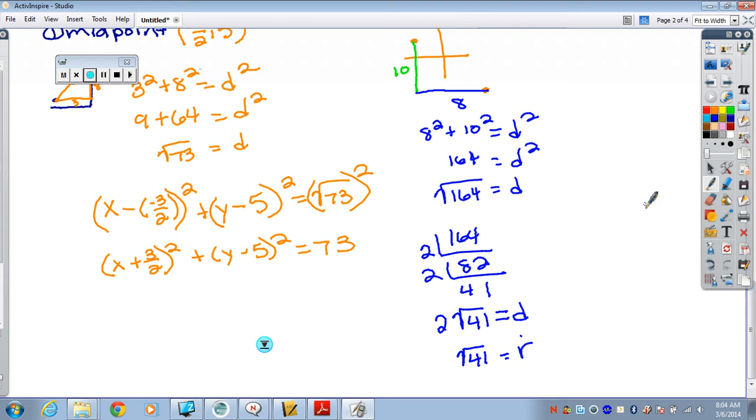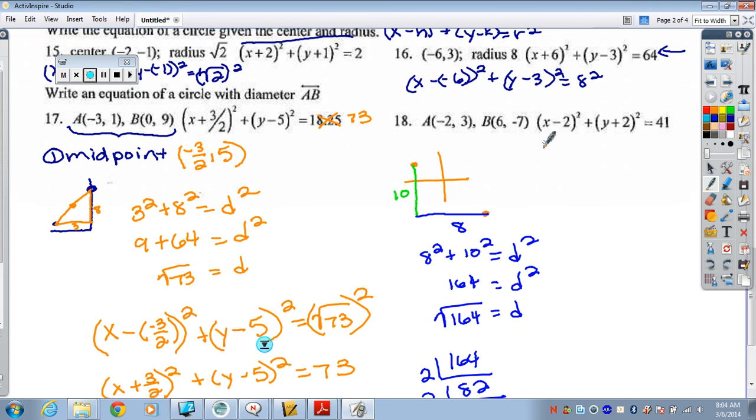All right, I still haven't found my midpoint here. So my midpoint is going to be, again, the average of the x's. So here's 6 and negative 2. What's the middle of 6 and negative 2? If I drew those on a number line, I would have to go with 2. And 6 minus 2 is 4 divided by 2 is 2. Again, negative 7 and 3.